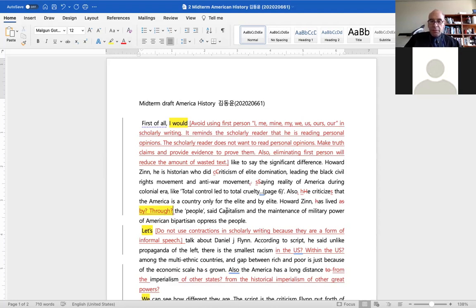Said capitalism and the maintenance of military power, American bipartisan politics or class domination, maybe class politics, or class domination, oppresses the people, oppresses or abuses.